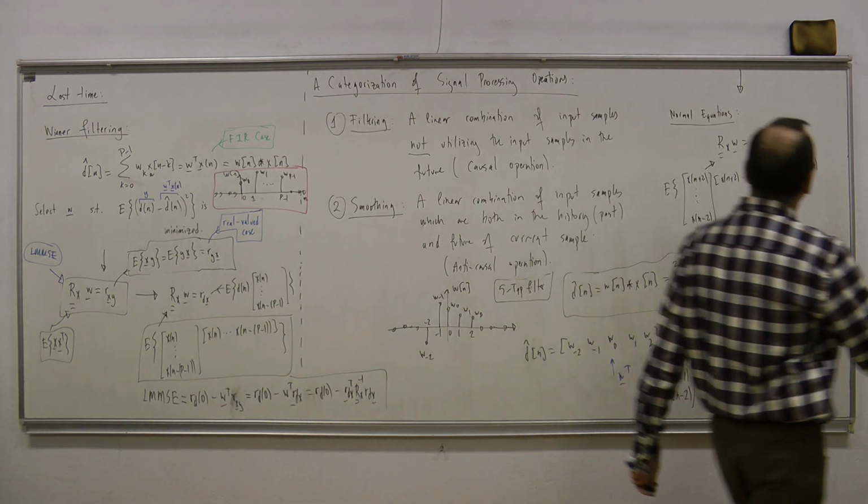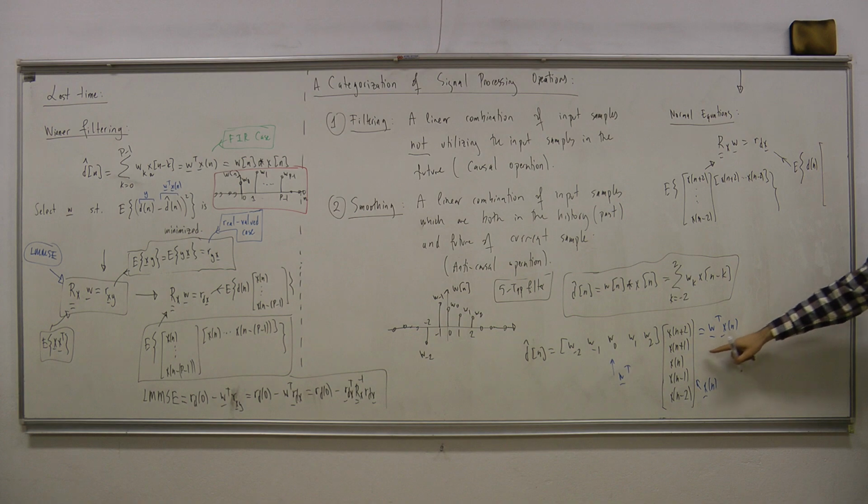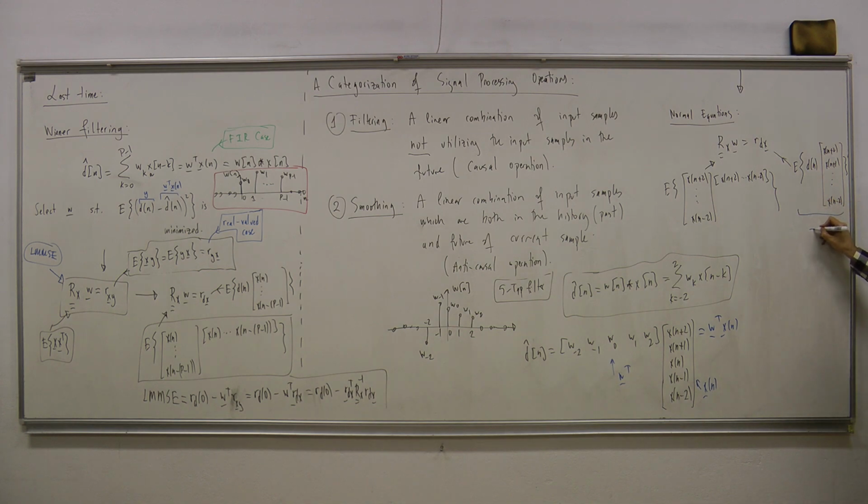So on the right-hand side, this is equal to r dx of minus 2, r dx of minus 1, r dx of 0, r dx of 1, r dx of 2.